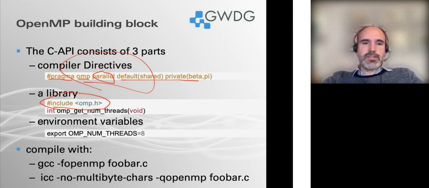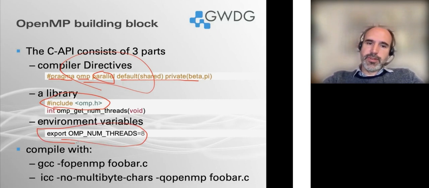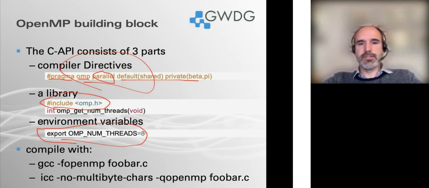And the last part is that you can set environment variables, usually with the command export OMP_NUM_THREADS, here equal to 8. So this would be if you want to use 8 threads for your OpenMP parallel parts. There are some benefits of using environment variables.